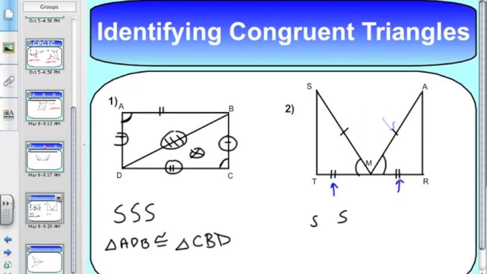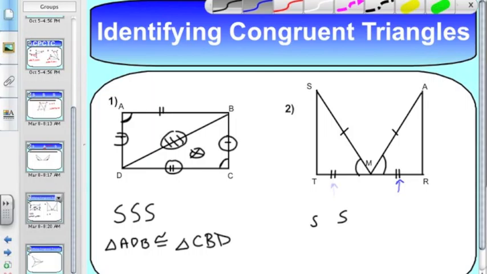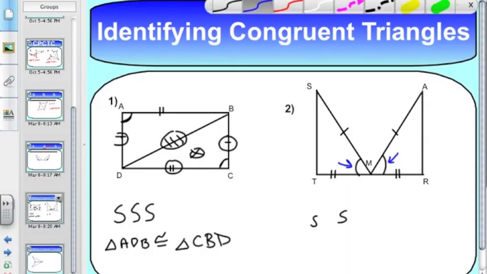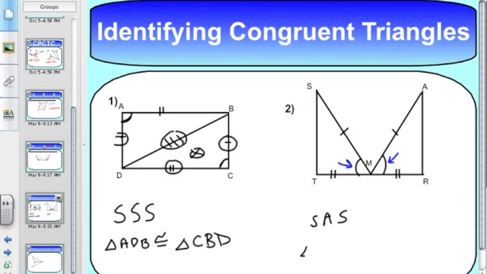So again, we're thinking maybe S and S. And then notice the angle between the 2 sides. Again, it's really important that it's between the 2 sides. And that gives us side angle side. Okay, so now we do our triangle congruent statement. Triangle SMT is congruent to triangle. Now be careful here.